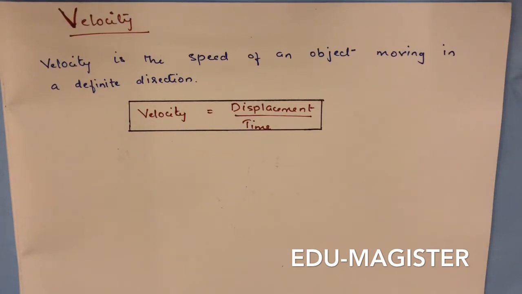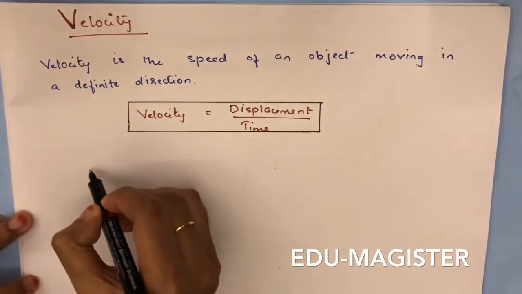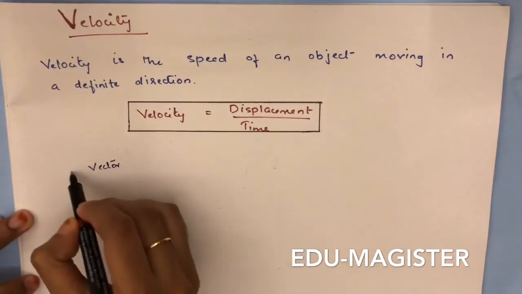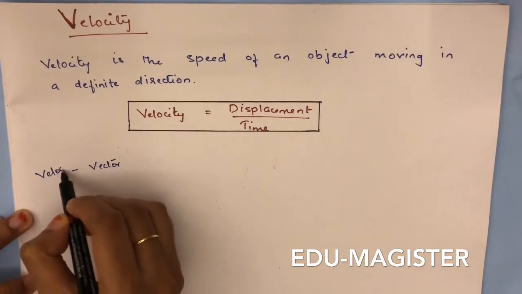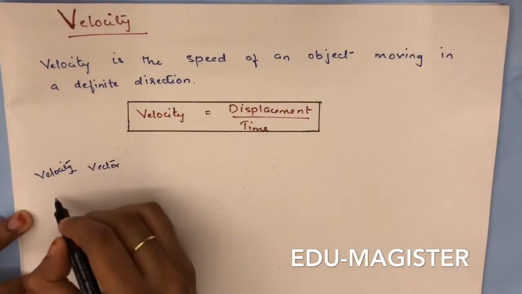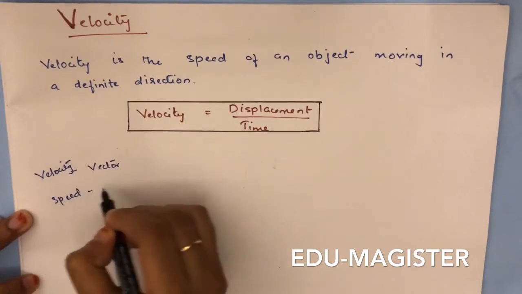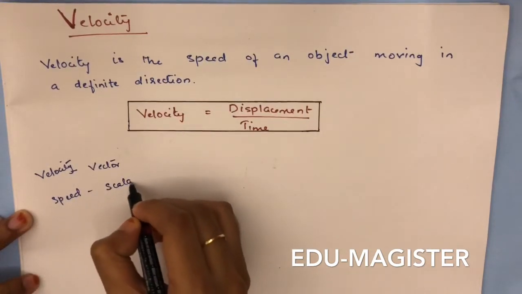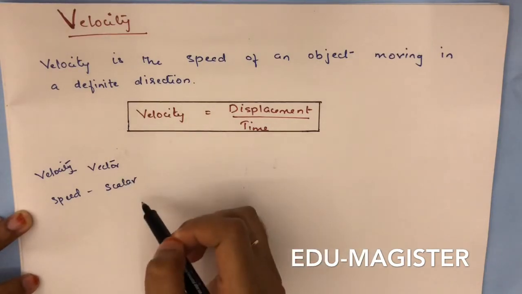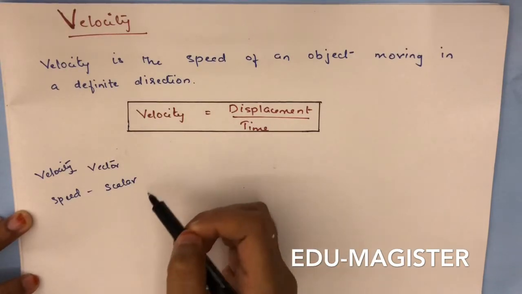That means velocity has both direction and magnitude, or we can say that velocity is a vector quantity, whereas speed is a scalar quantity. I hope you guys remember what is meant by vector and scalar quantities.